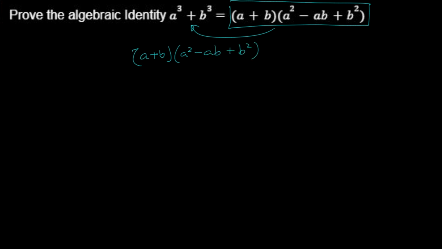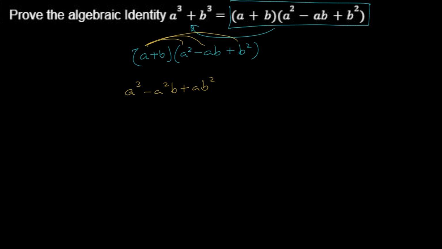We'll distribute things out. So a times a² is a³. A times negative ab is negative a²b. A times b² is plus ab². And again, the order of the variables doesn't matter. However, I recommend keeping it consistent.